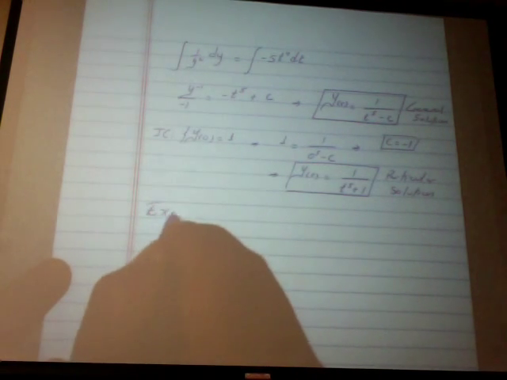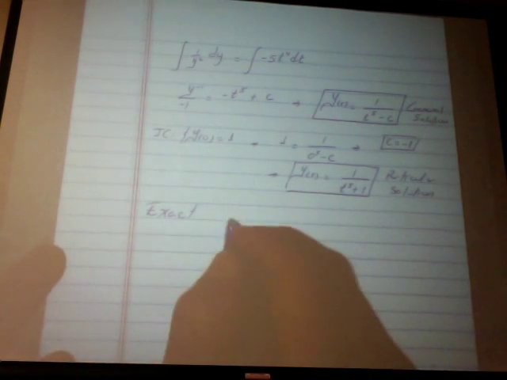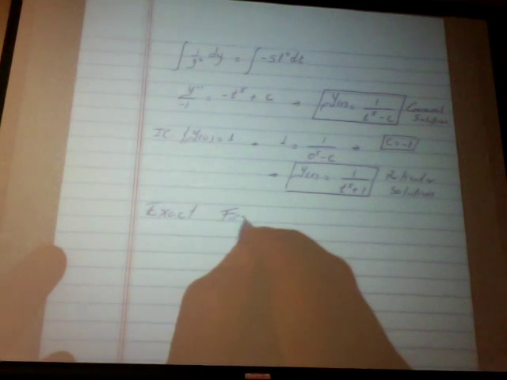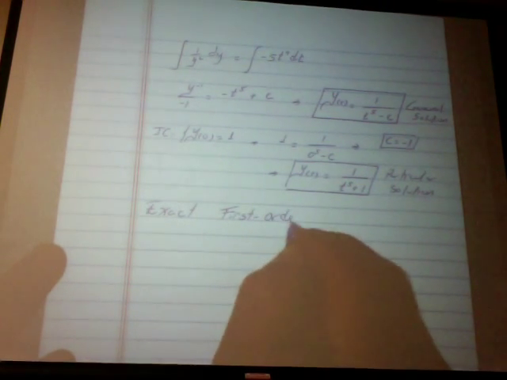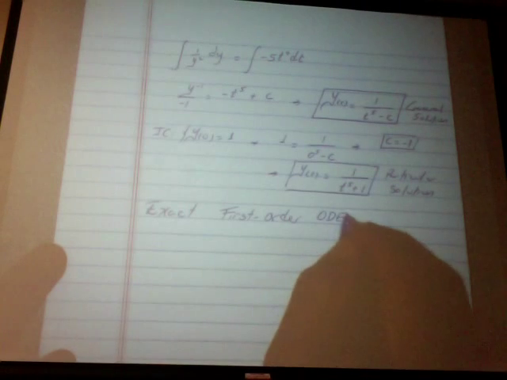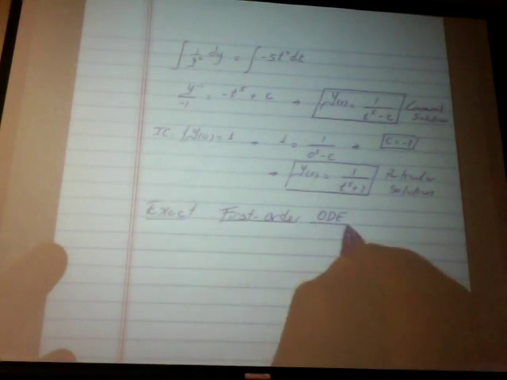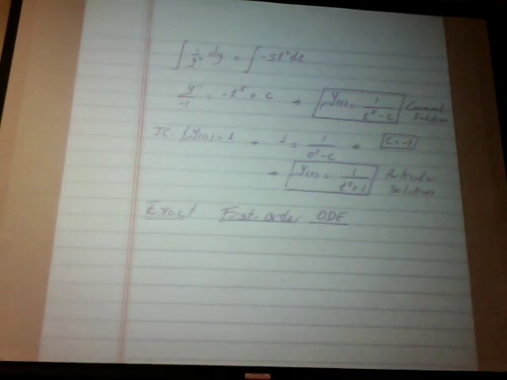So the second type of equations that we are going to study are the exact first order ODEs. Alright, so that's the second check. We first check whether the equation is separable.